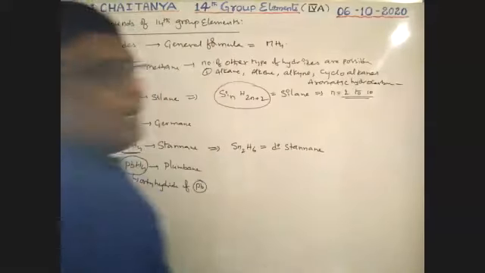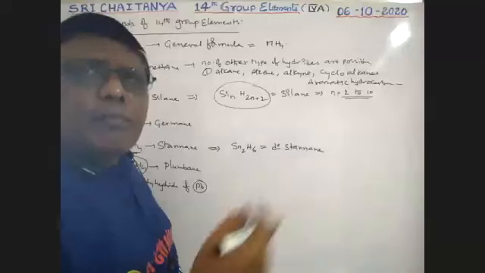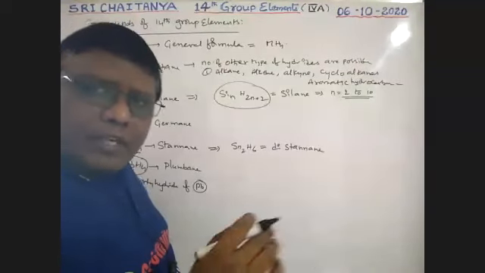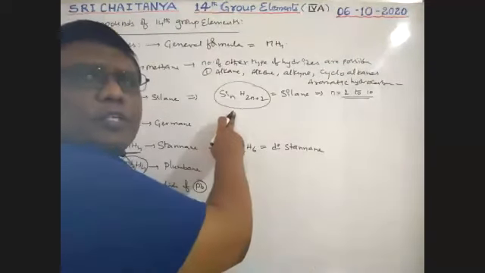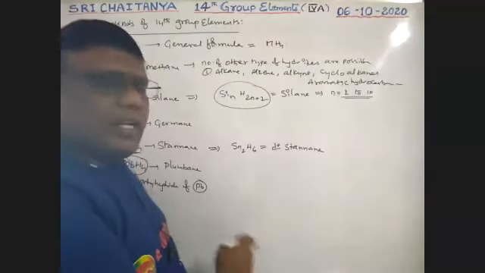All these are other types of hydrides. So carbon with hydrogen gives numerous compounds, but silicon only this formation, stannum only the two conditions, but lead.